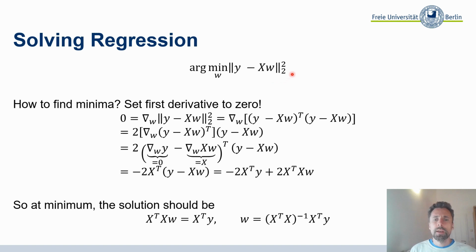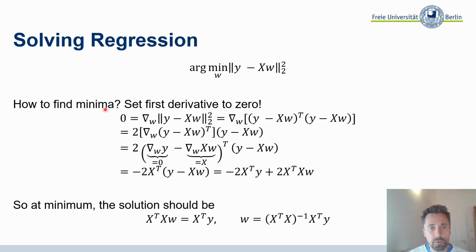And again, we look at the norm of this vector squared for convenience reasons, and as you may remember from school, you can minimize this by setting the derivative to 0, and that's what we'll do.